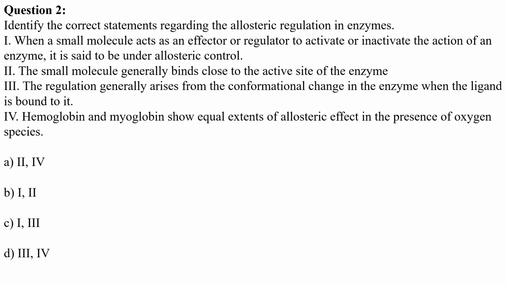Second statement: the small molecule generally binds close to the active site of the enzyme. Third statement: regulation generally arises from the conformational change in the enzyme when the ligand is bound to it. And the fourth statement: hemoglobin and myoglobin show equal extents of allosteric effect in the presence of oxygen species. Now you have to identify the correct statements amongst these four statements.